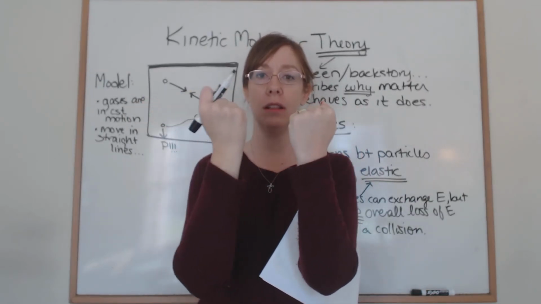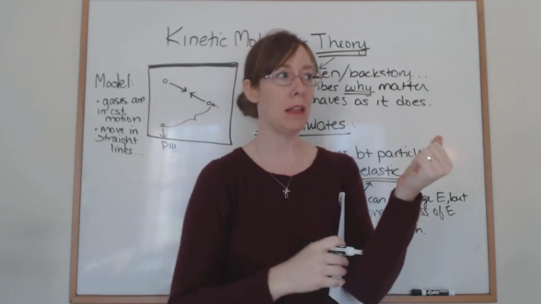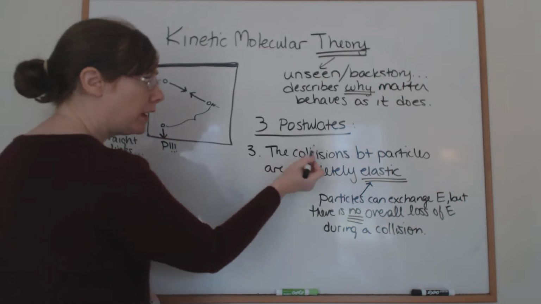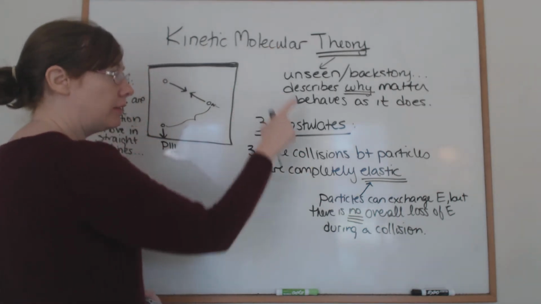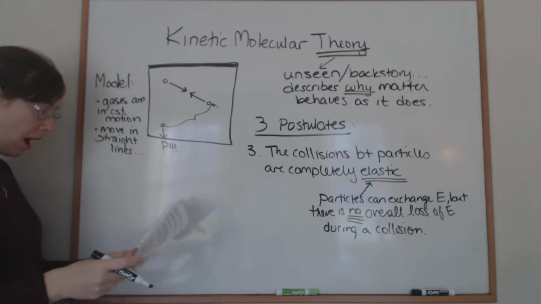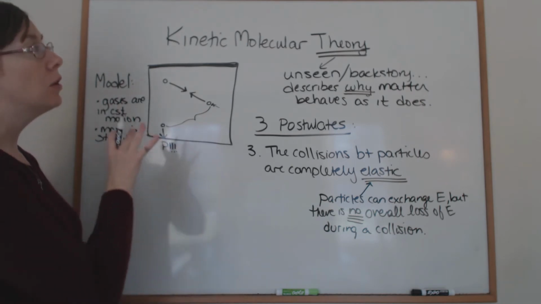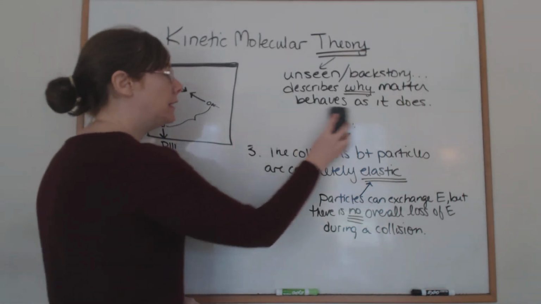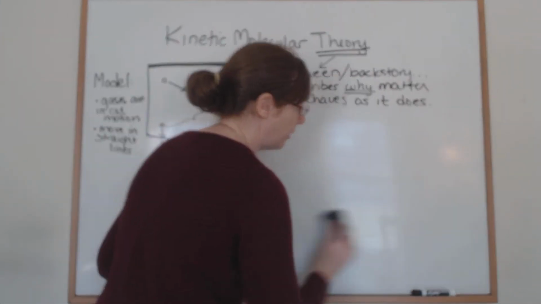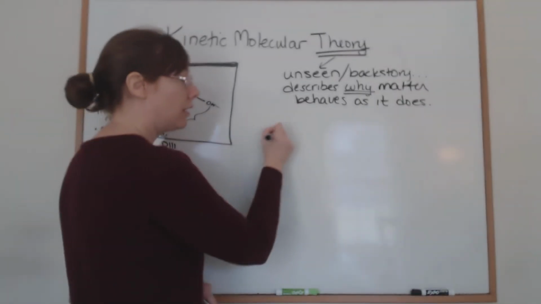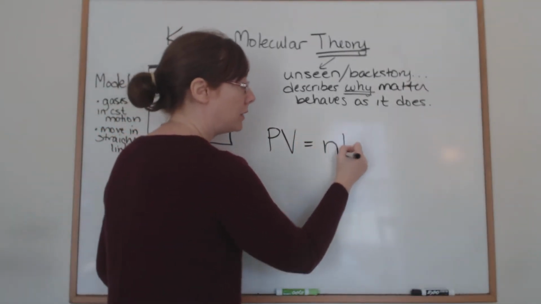They're not going to actually leave with the same amount of energy that they came in with. So that would be an inelastic collision. But we are assuming, based on kinetic molecular theory, that all of our collisions are perfectly elastic. All right, so that is the three postulates of kinetic molecular theory. Now, how does all of this come together? Really, it comes together from this point here, PV equals nRT.